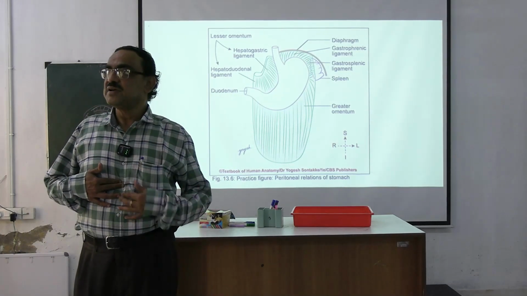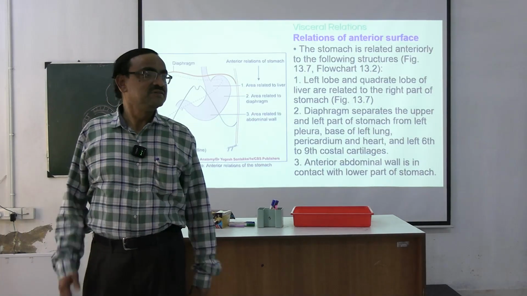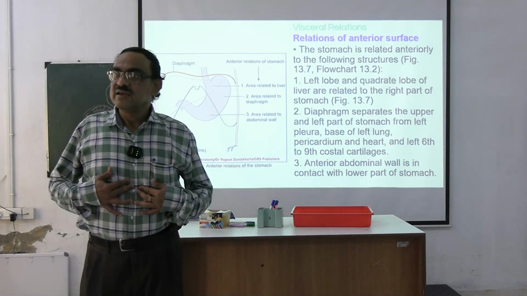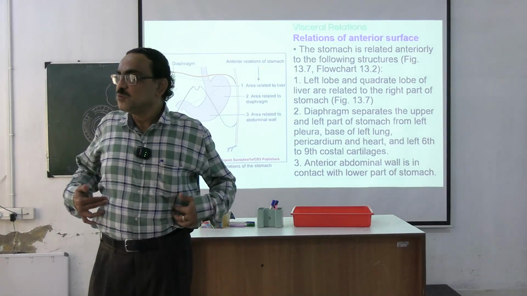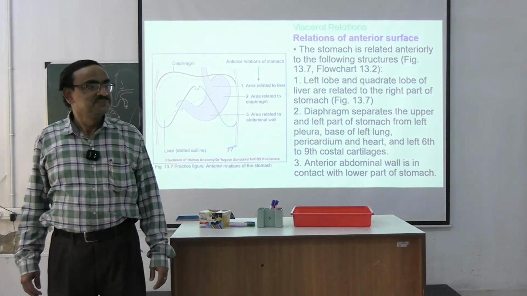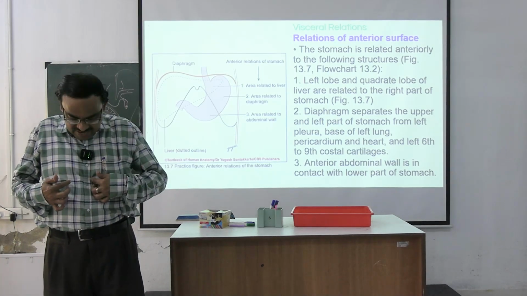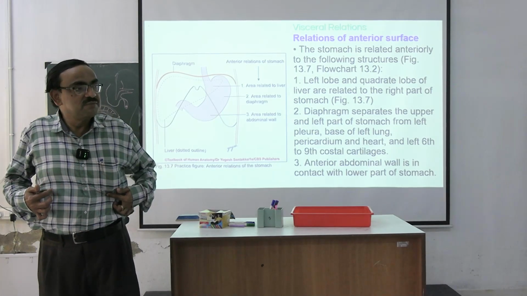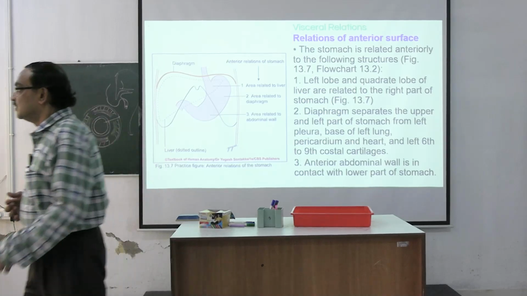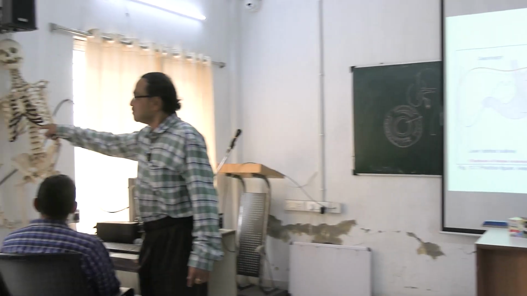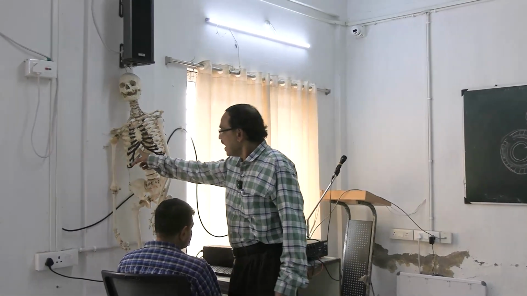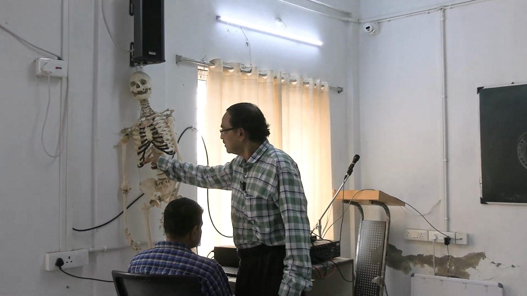Part of the anterior surface is directly coming in contact with the anterior abdominal wall. And there is a triangle. The triangle is created by the left costal margin, the inferior border of the liver, and the transverse colon.